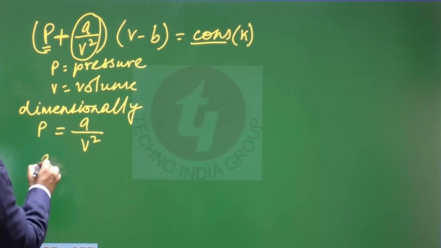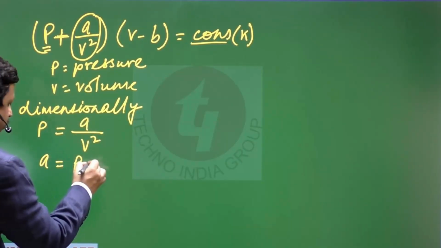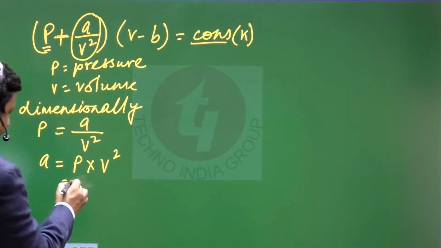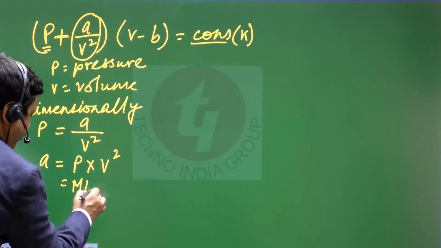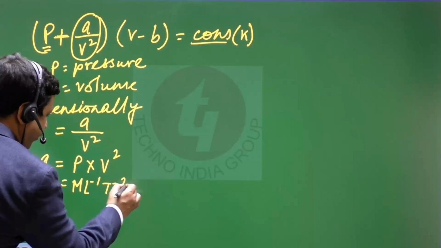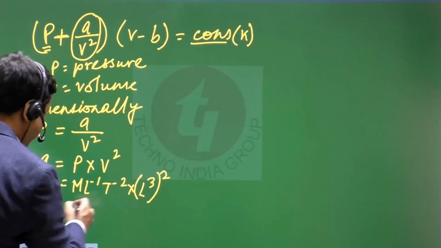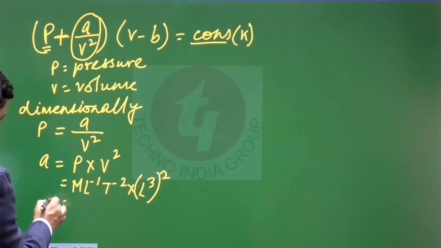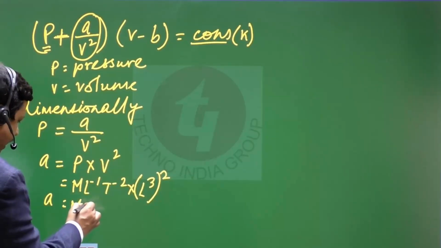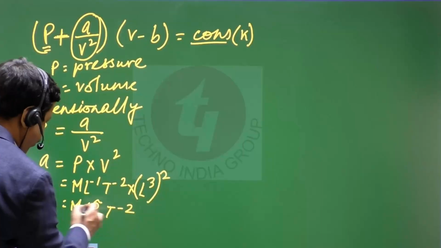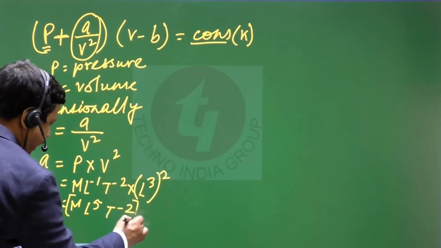That means dimension of A is equal to P into V square, and you know the dimension of pressure is M L to the power minus 1 T to the power minus 2, and V is L cube whole square. So the dimension of A will be M L to the power 5 T to the power minus 2. That is the dimension of A, right?